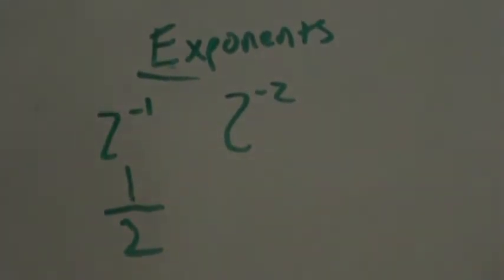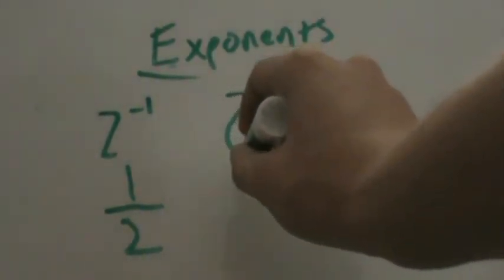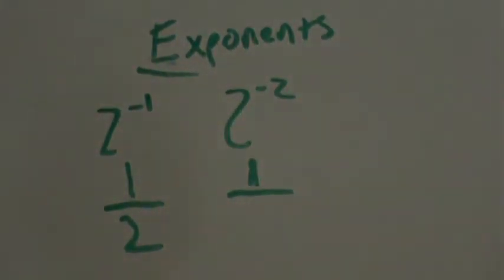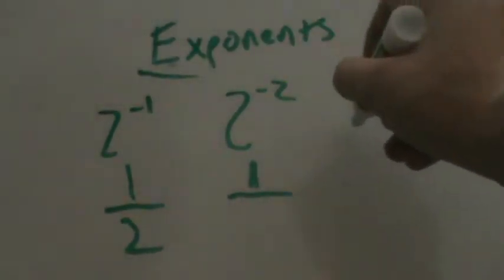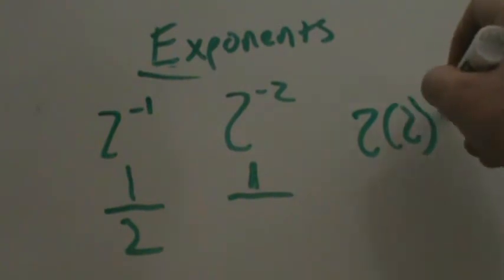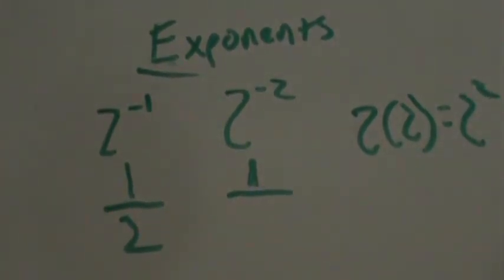Now, if you take the second situation, what is this equal to? This is the same idea. It has to be a fraction, but what has to be in the denominator? Well, we know that 2 to the 2nd power is equal to 2 times 2, right? So this holds true again.